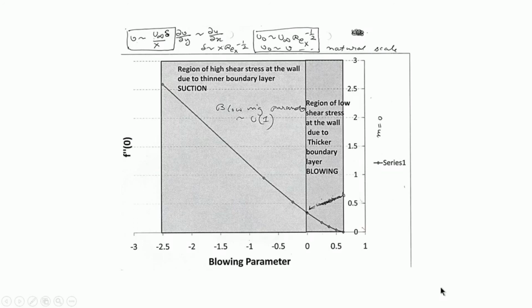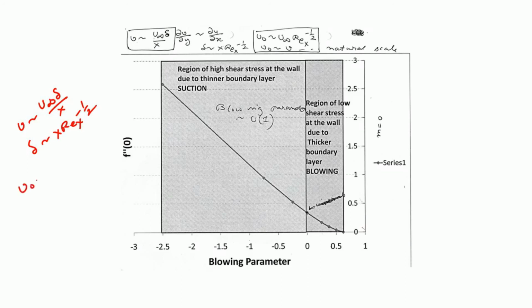What I did was draw qualitatively what is going to happen. Now if you look at the annotations that I have made, if you recall, V is a function of u infinity into delta by x, and delta is obviously x into Reynolds number to the power of minus half.